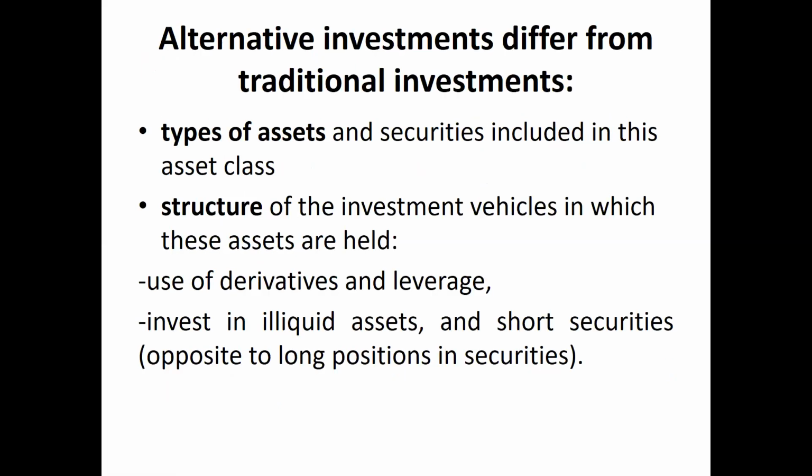Alternative investments differ from traditional investments in terms of the types of assets and securities included in this asset class, and in terms of the structure of the investment vehicles in which these assets are held, like the use of derivatives and leverage. They mostly are illiquid assets and short securities, as opposed to long position securities.